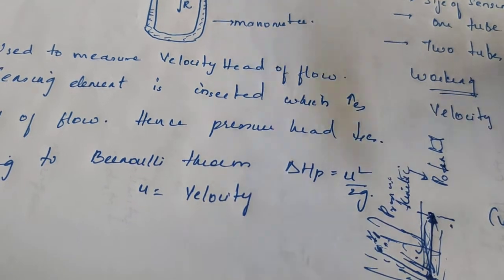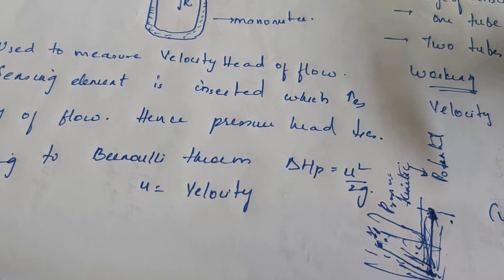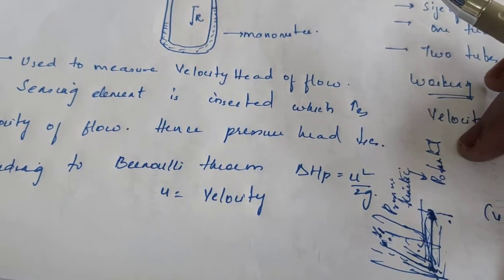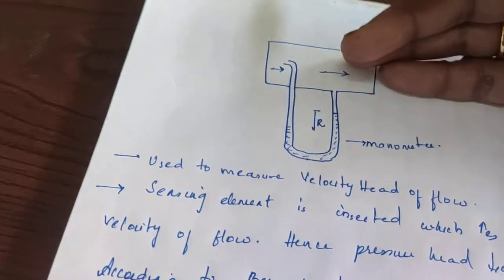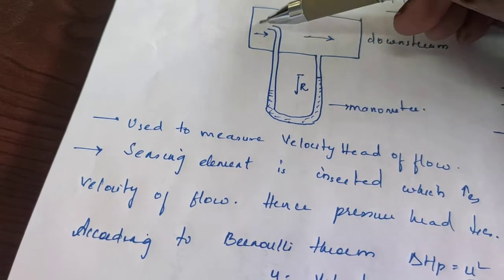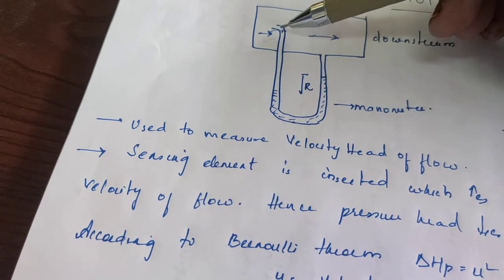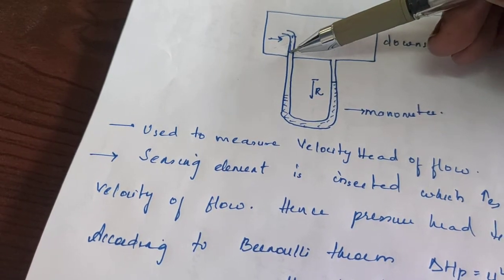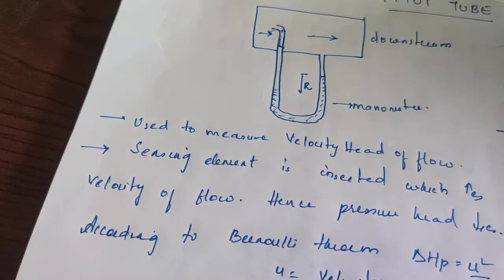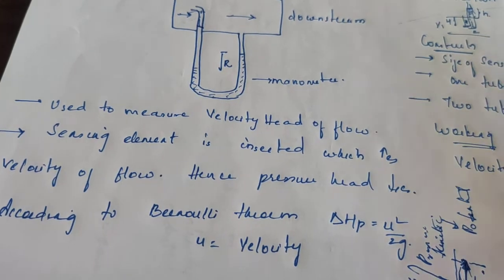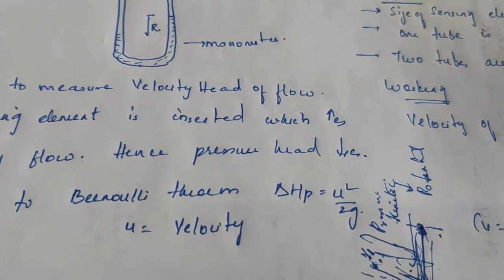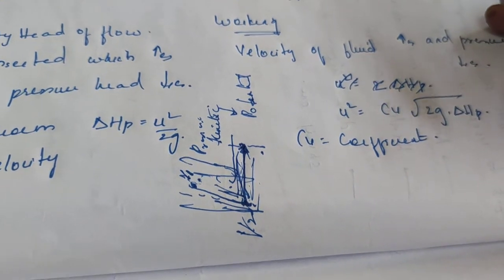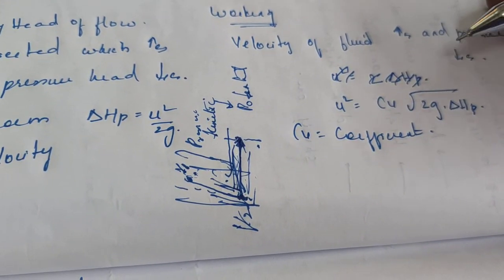That height is the potential energy, and hence three energies are working in this diagram. The same diagram is reflected again here: the fluid is continuously striking here and moving upward to a particular height, and this difference in velocity is noted down and derived by the Bernoulli equation. You get the final equation as u squared equals Cv under square root 2g delta Hp.